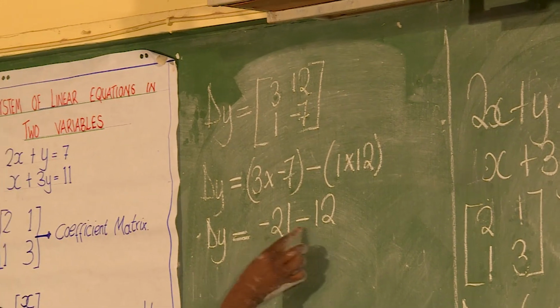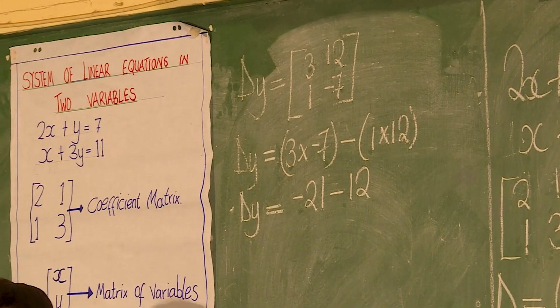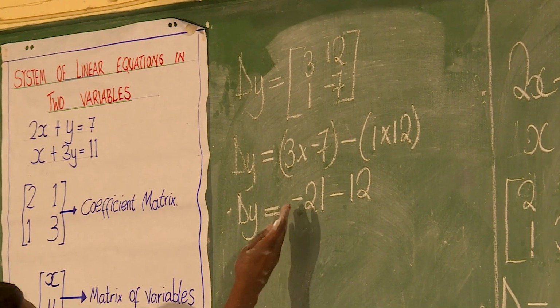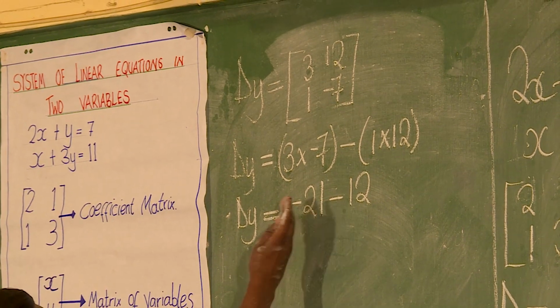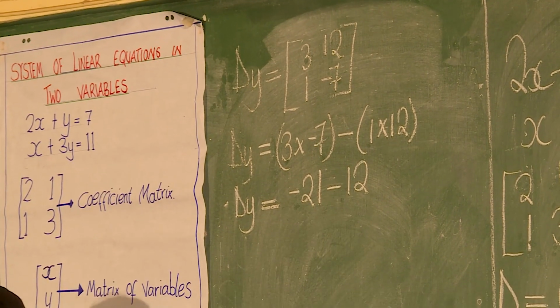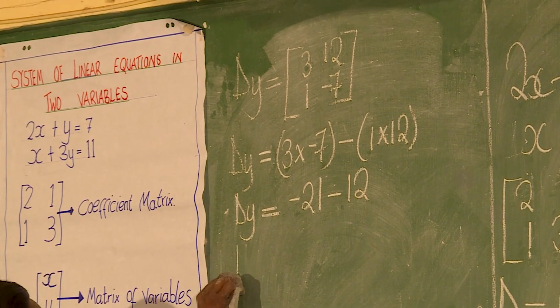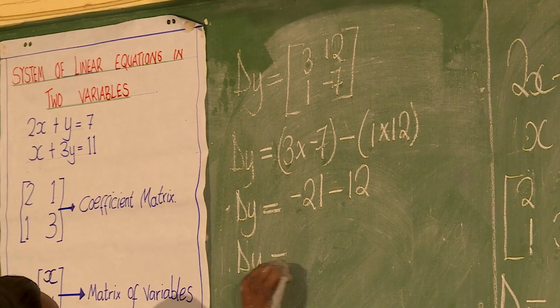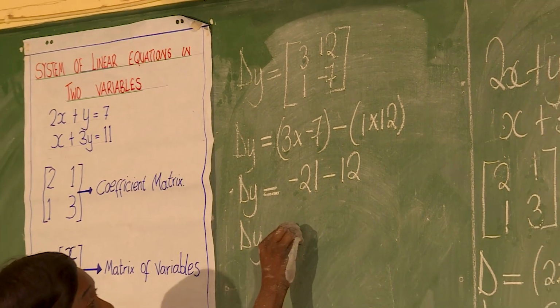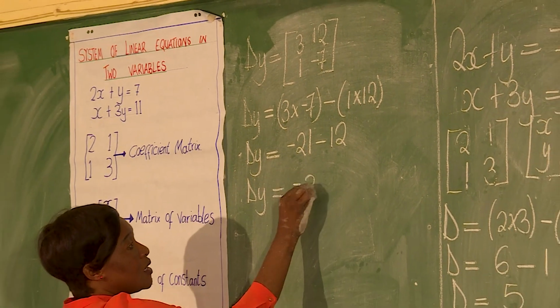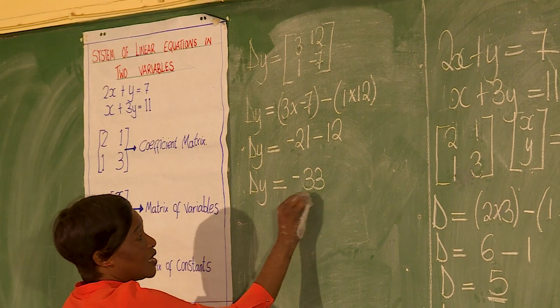Yes, we have negative and negative there. We know what we're supposed to do, isn't it? Yes. The signs are the same. Therefore, we're going to add and maintain the sign. So Dy is equal to, when we add the 2, it will give us what? Negative 33. So this is our Dy.